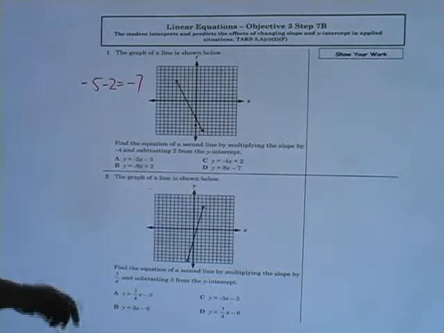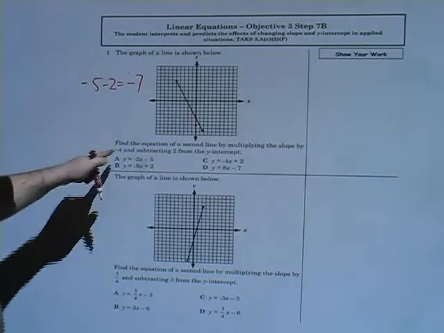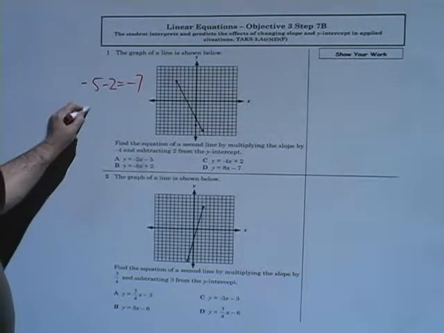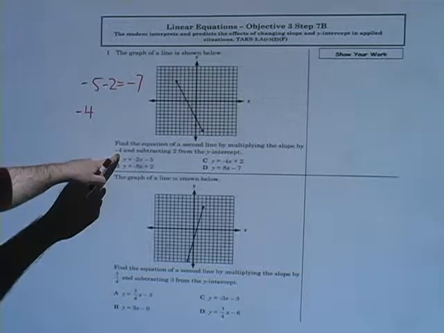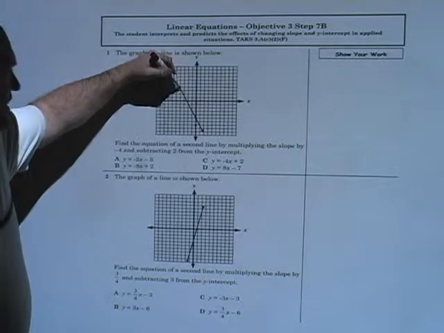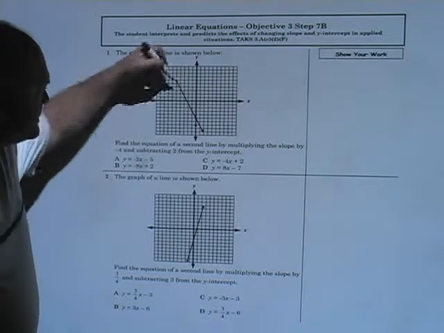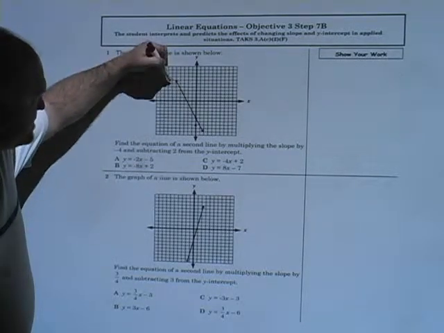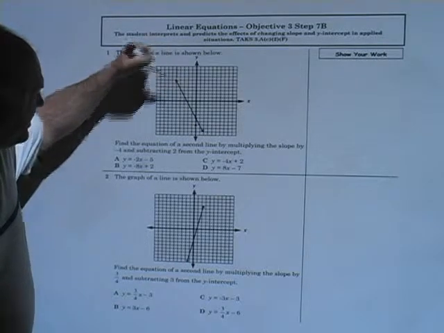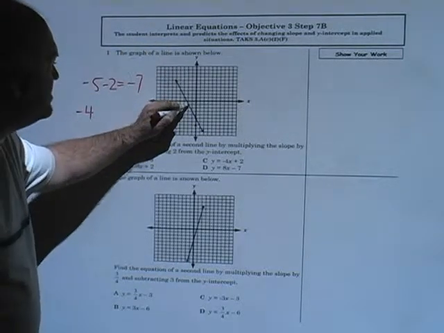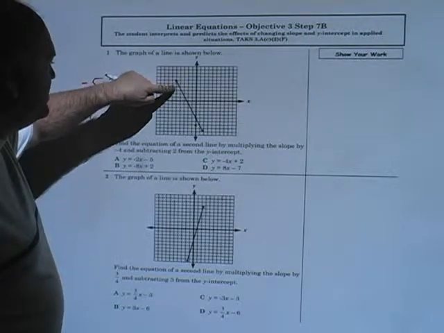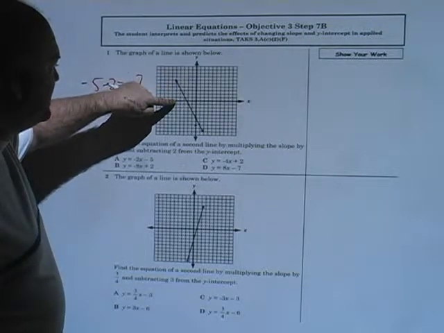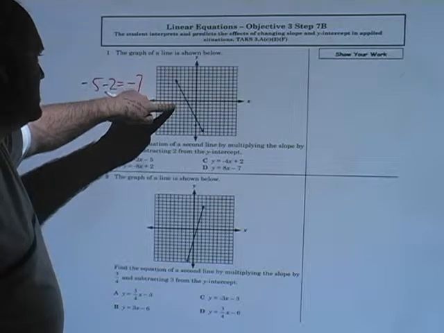Okay? Well, let's go ahead and look at the slope. The slope's going to be -4. That's what we're going to multiply by. And our slope here is, let's see, I'm going to go from here to here. We're going to go down 1, 2, 3, 4, 5, 6, 7.